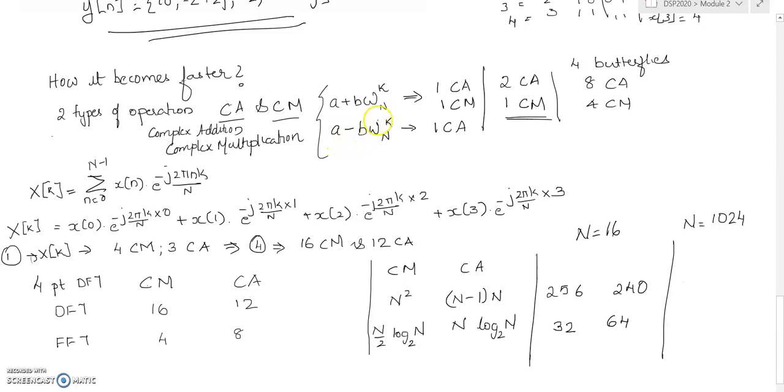So essentially, one butterfly needs two complex additions and one complex multiplication.